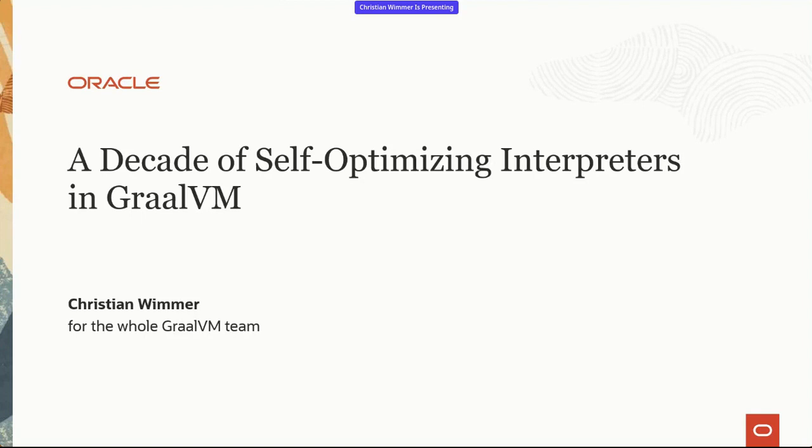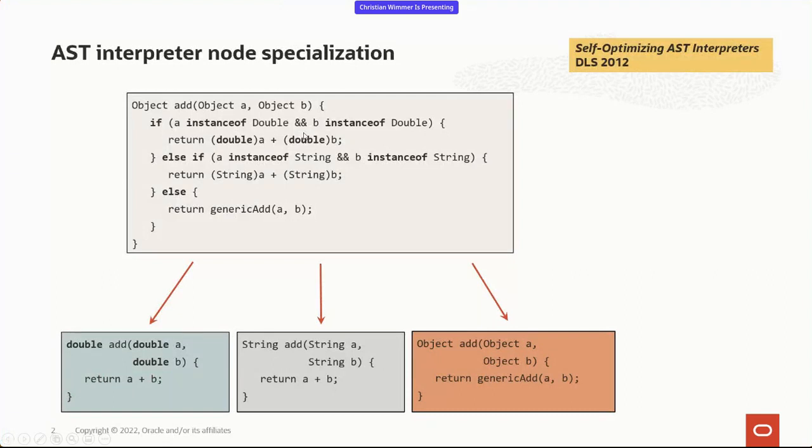So it started 10 years ago with the first paper where we wrote up our ideas about AST interpreter node specialization. And the idea was pretty simple. You want to write an AST interpreter, but you want to factor it out and write it in a nice way.